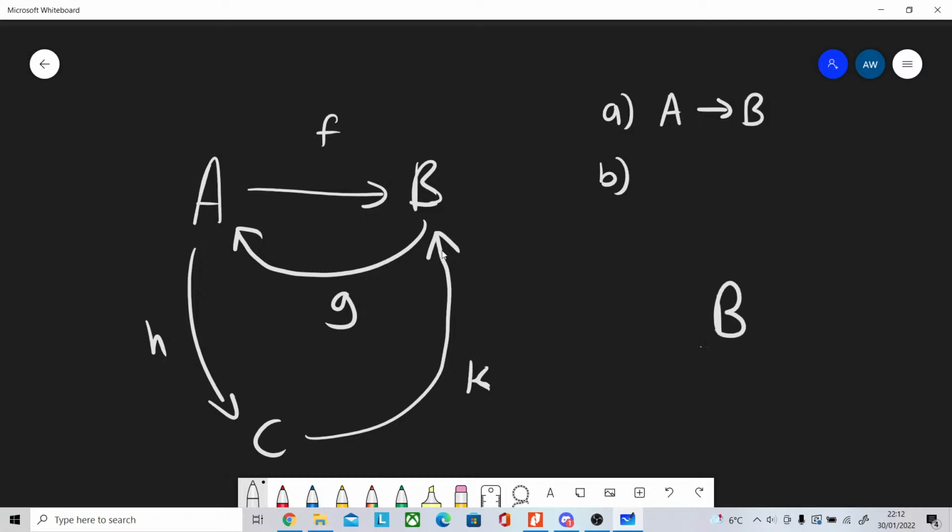Let's make this better. So B goes back around. This is FG. And then we have K there. So we have arrows which point from elements of B to itself.